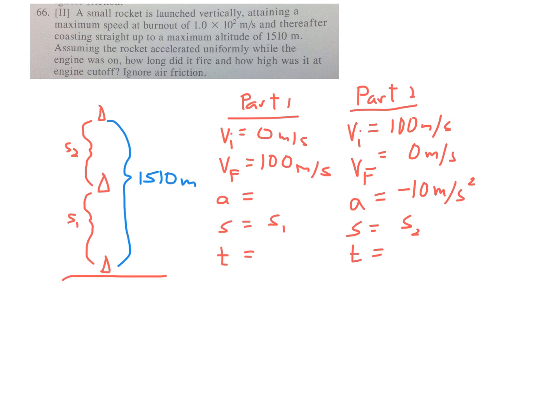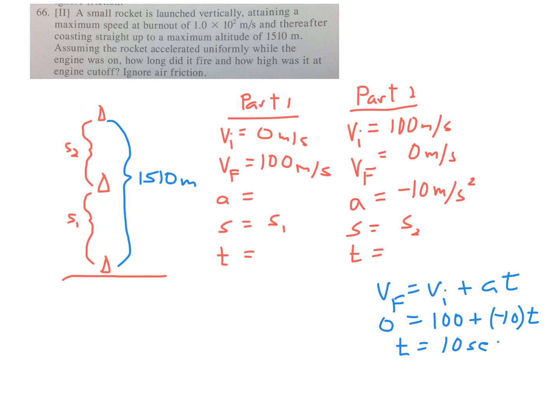If you want to write it down officially, you could use the first equation: V sub F equals V sub I plus AT, V sub F being 0, V sub I being 100 plus negative 10 times T, so T would be 10 seconds.